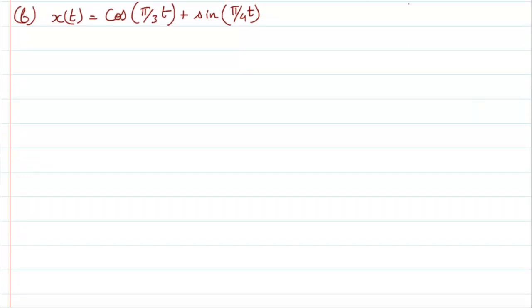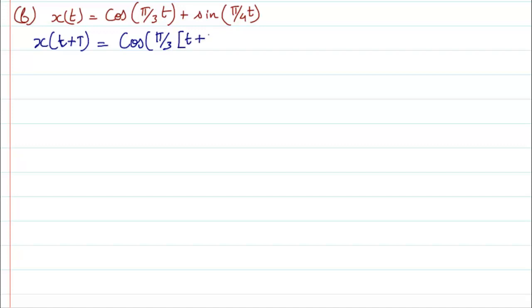So first we will find out what is x of t plus capital T. Now what you have to remember is that it will basically have cos of pi by 3, and then it is only getting added with small t.